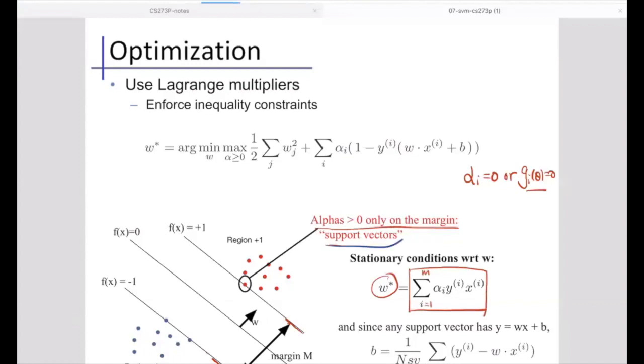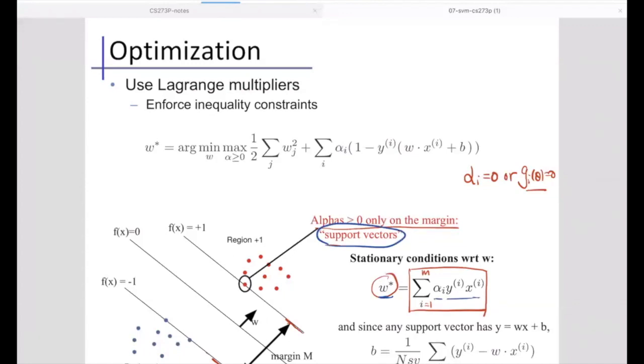The reason they are called support vectors is that, even though w is a combination of all the training samples, in the end only the samples located at the boundary matter, because only those have a non-zero alpha_i. So w mainly depends on those supporting data samples.